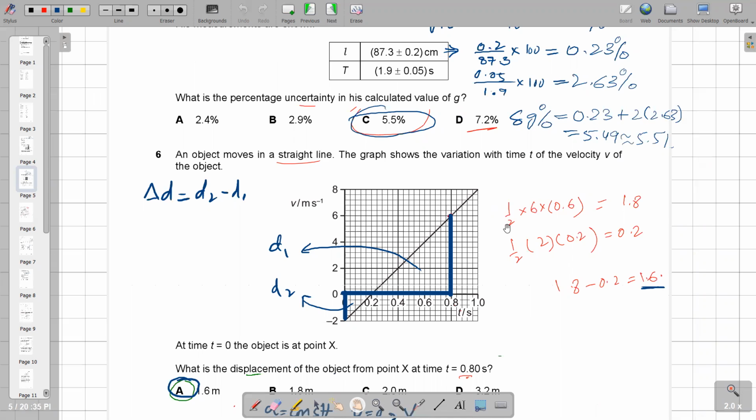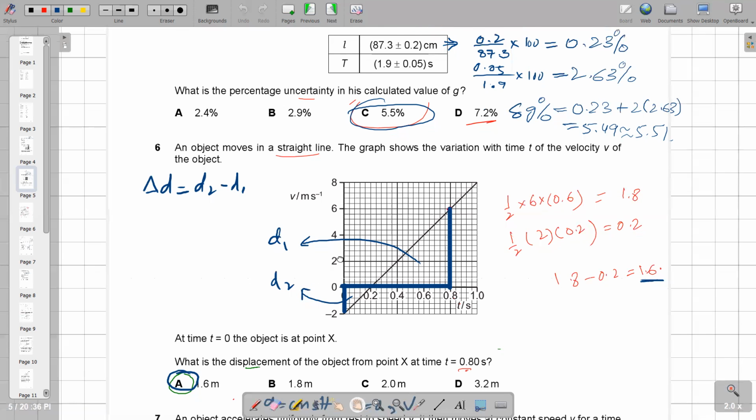We get the area under the curve for d1, 1 over 2 times 6 times 1.8, and for d2 we get 0.2. So the difference is 0.16. So total displacement is 1.6. So that option is the right answer.